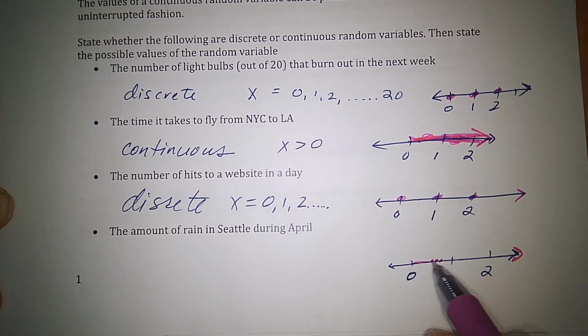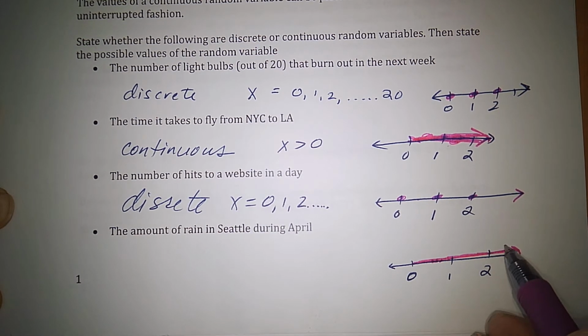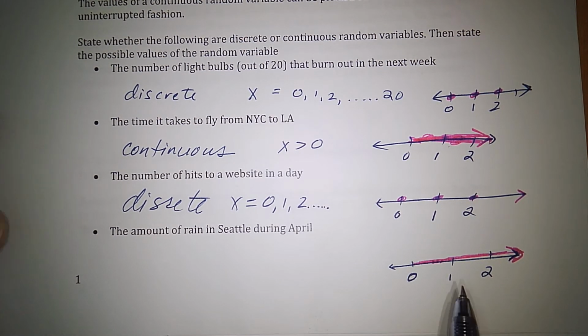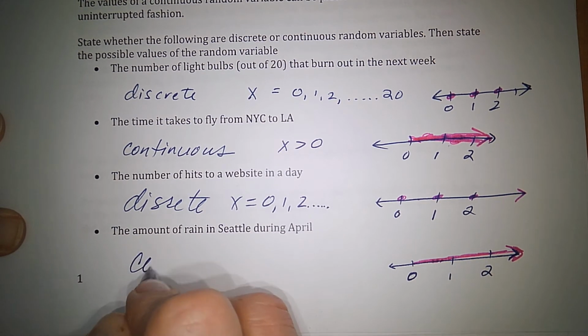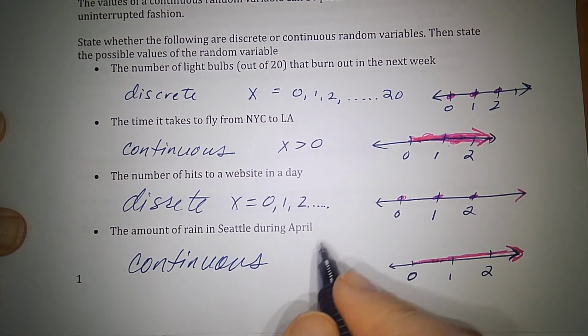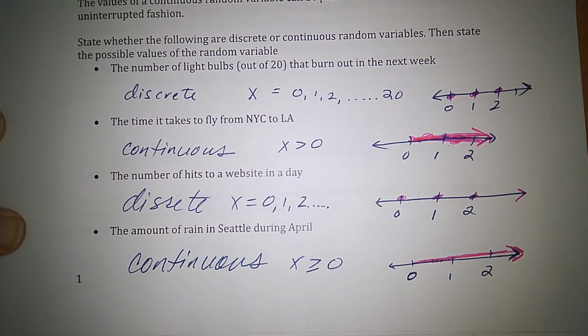And the answer is yes. This would be considered an interval of a continuous random variable because you can shade in all of the intervals in between the values. So we would say this is a continuous random variable where x can be any number greater than or equal to 0.